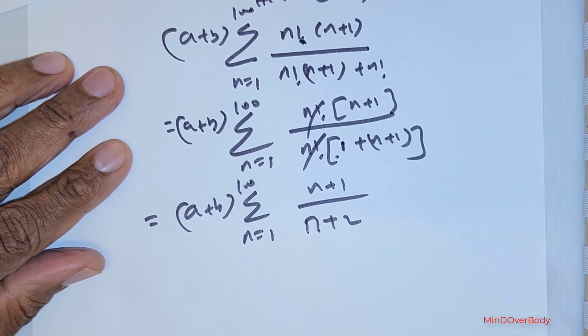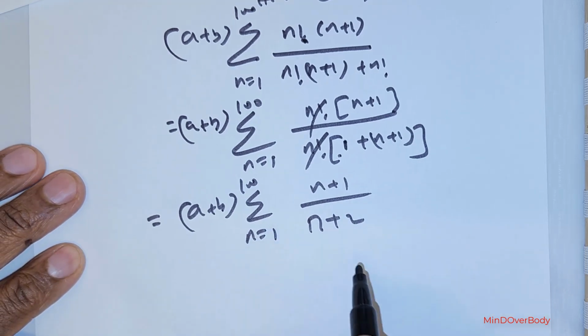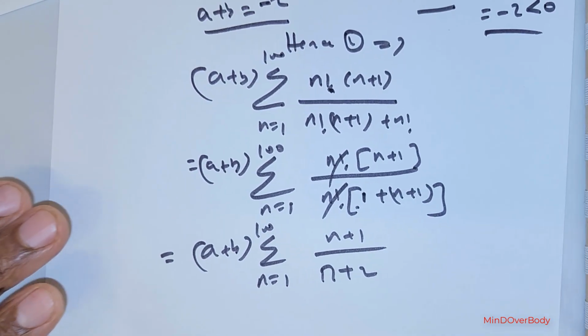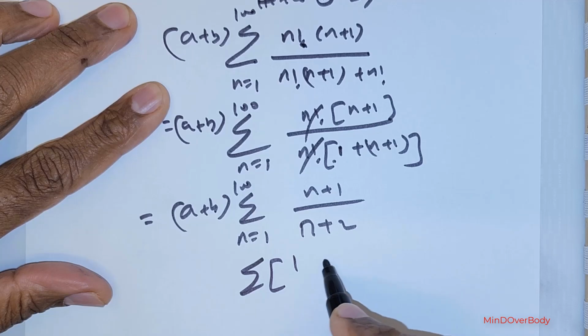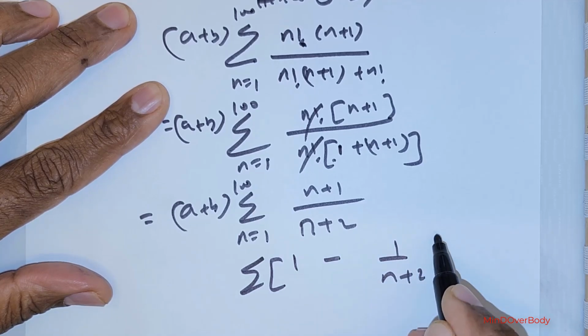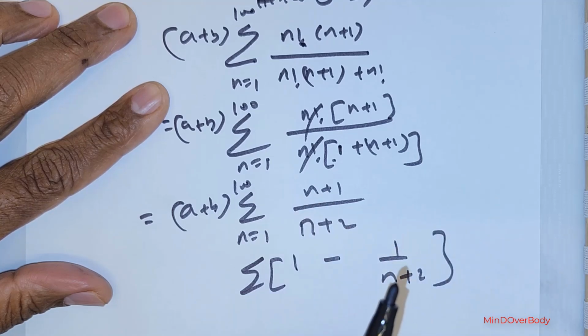So now what I wish to do is I will have to perform some small manipulation, okay, in this case. So what I wish to do is I would like to rewrite this as 1 - 1/(n + 2). Can I do that? I will get (n + 2) - 1, so I'll get the numerator.